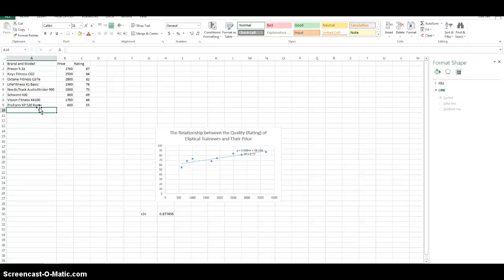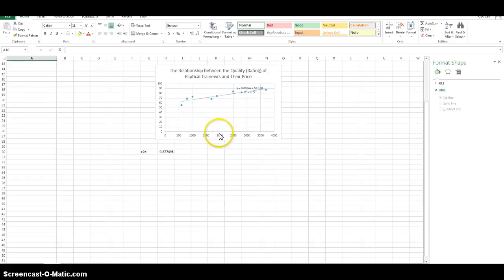This is the distance above the line, below the line, above the line. So they're randomly above and below the line. When I plot those distances, you have a horizontal line with the distances, but it's plotted horizontally. Okay?